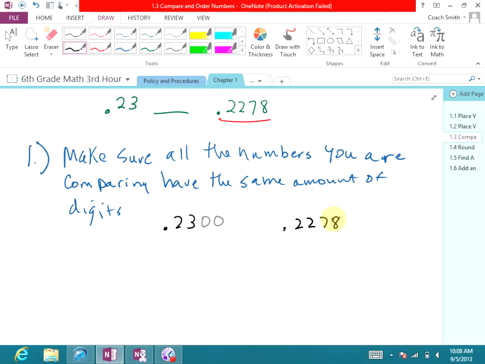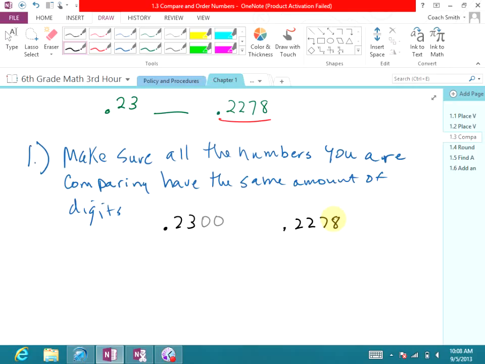If we look at 0.2300 and 0.2278 and cover up the decimal, that's 2,300. If I cover up this decimal, that's 2,278. Well, 2,300 is going to be larger than 2,278. So that number is the largest.